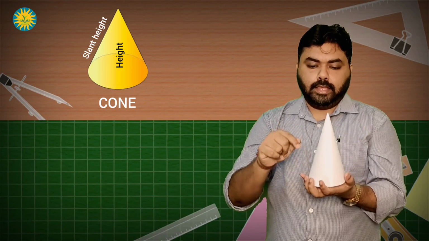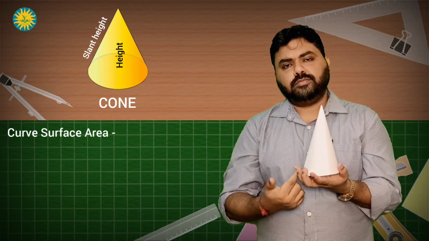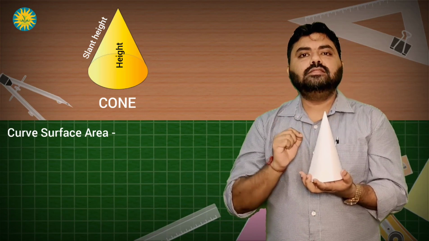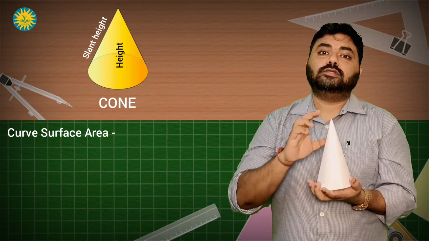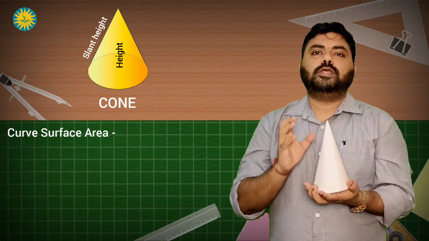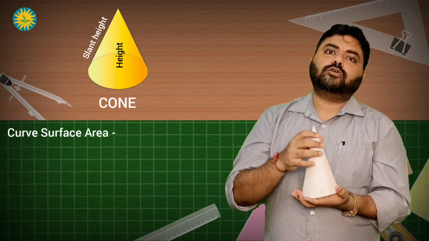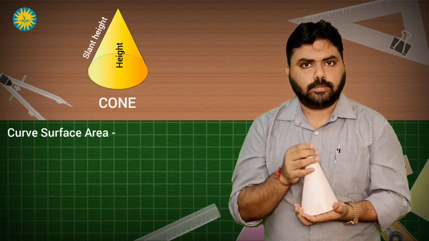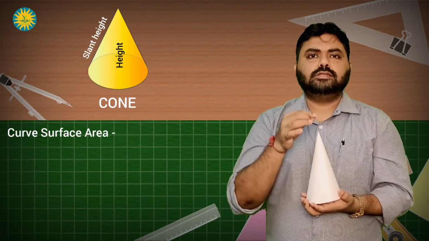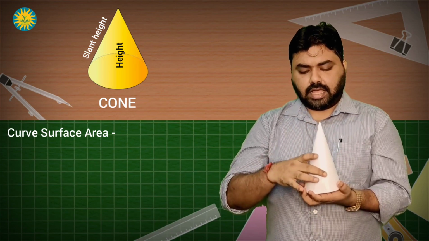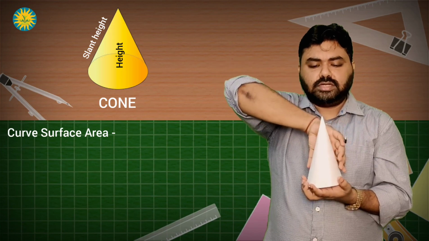Now, we have discussed earlier that the curved surface area means the perimeter of the base into height. But in this case, we will not be able to multiply the perimeter of the circle with its height. The perimeter of the base is 2 pi r, but since the shape is tapering, we cannot take this formula.